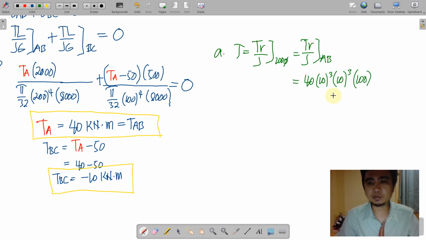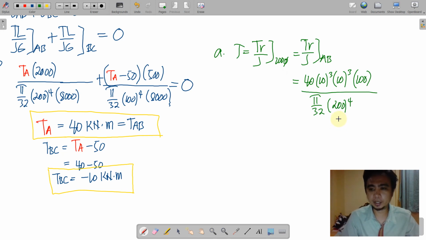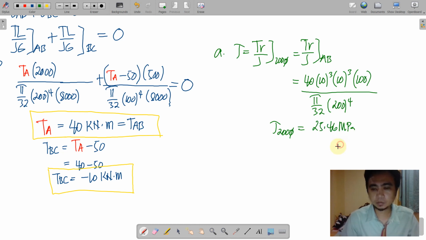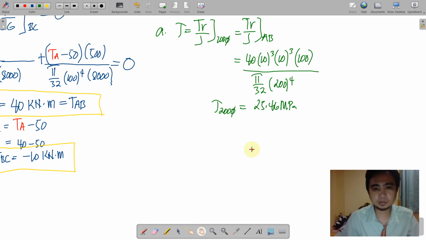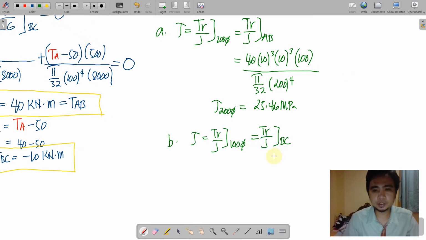Radius is half of 200, that is 100, all over J, which is pi over 32, 200 raised to 4. Therefore, the shear stress at the 200 mm diameter shaft is 25.46 megapascals.